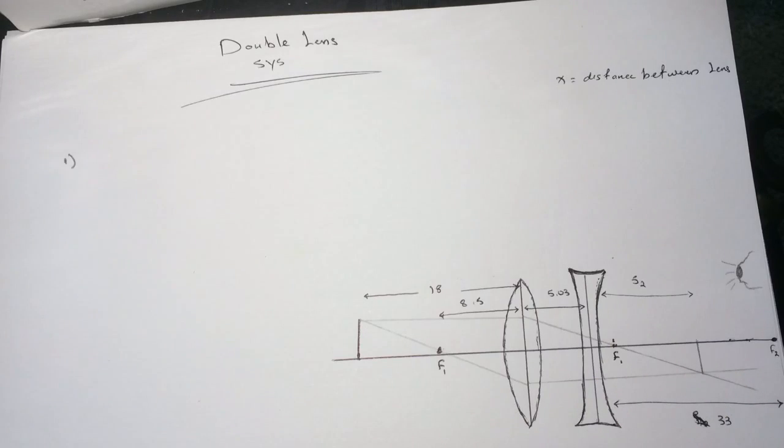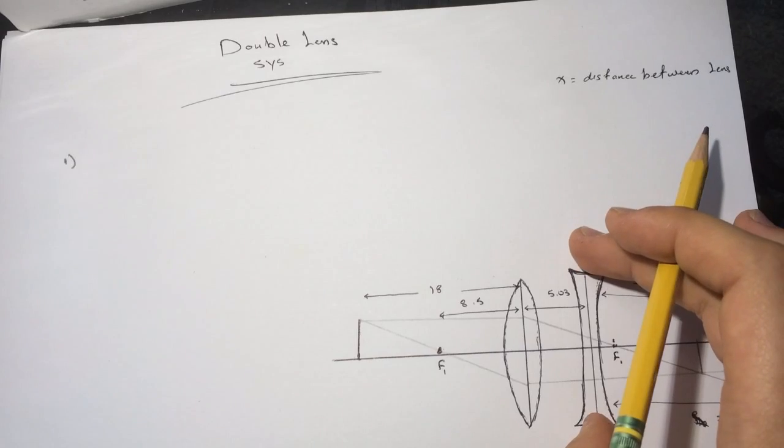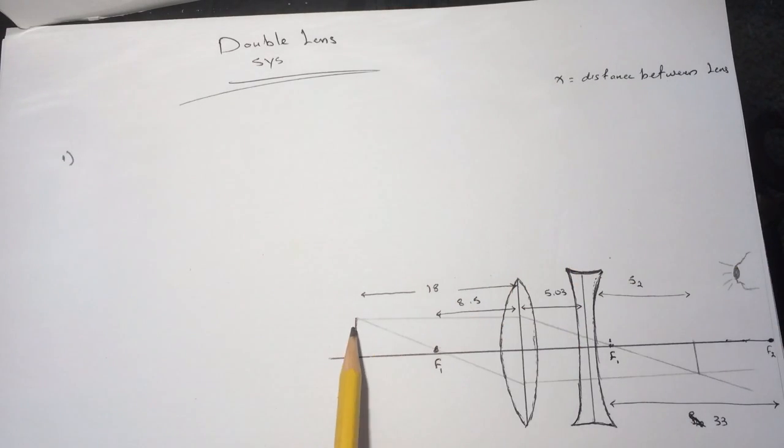so the way to look at it is to first ignore this lens. When we ignore it, we just draw the light ray that refracts through the focal point, and one going through the focal point that goes parallel to the axis.